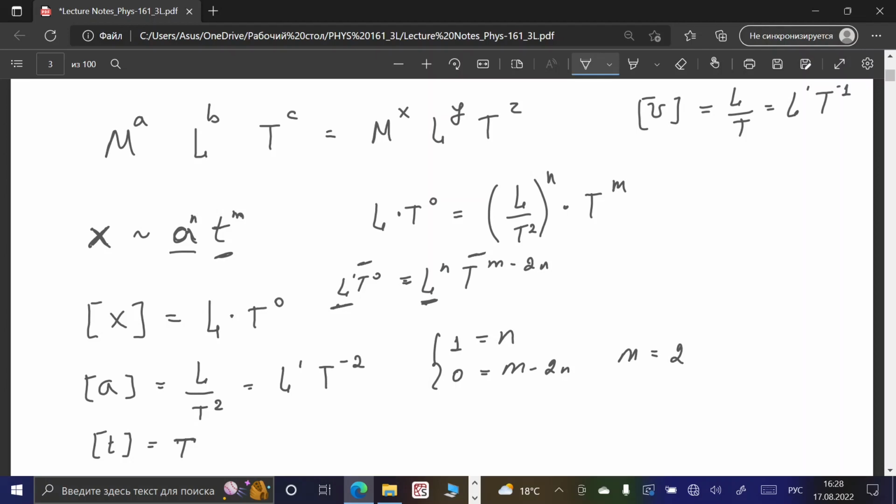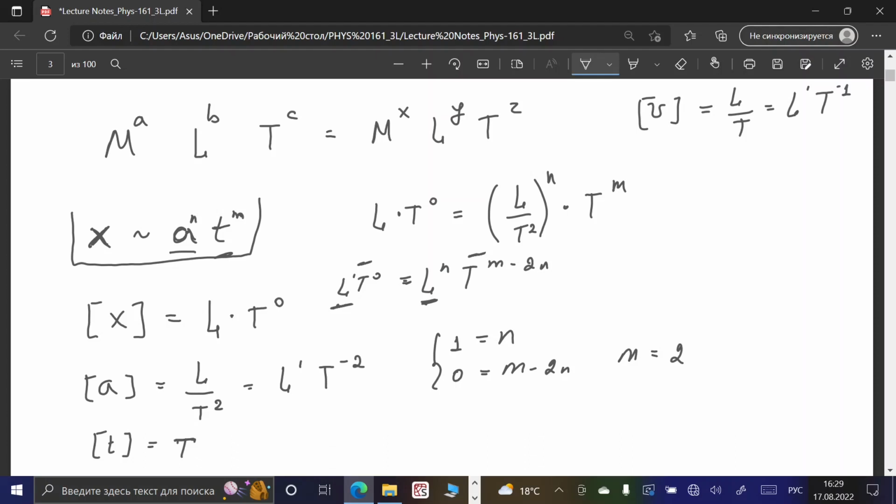With this, we can come back to our first suggestion, which was based just on common sense. We didn't have any experimental data on this matter. We just assumed that position is proportional to acceleration and proportional to time. Now we see that n next to a is equal to unity, and m next to t is equal to 2.